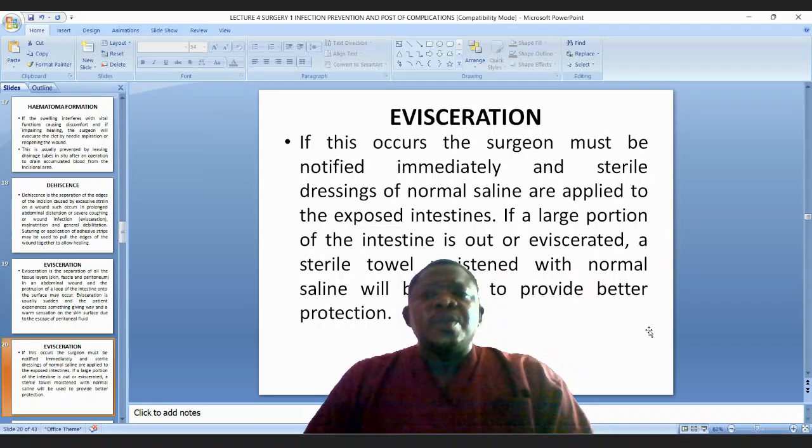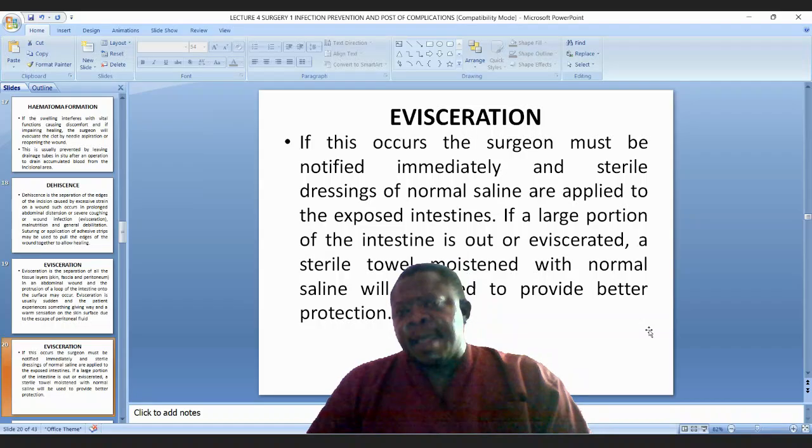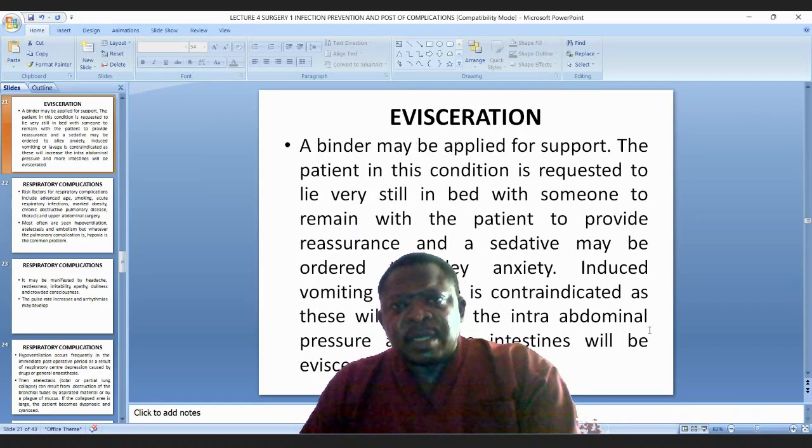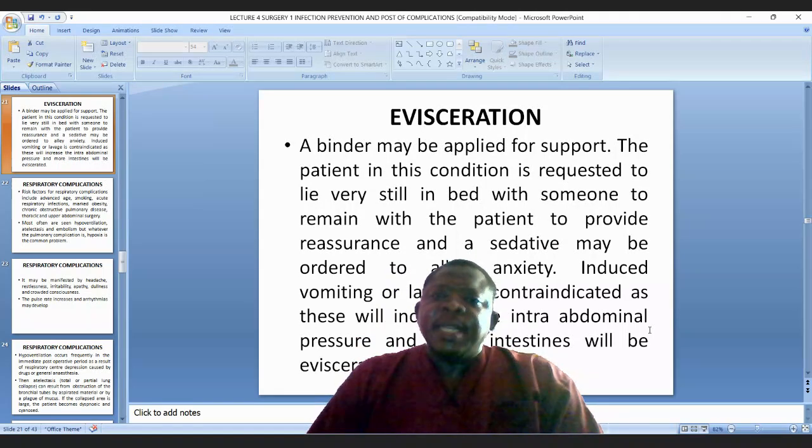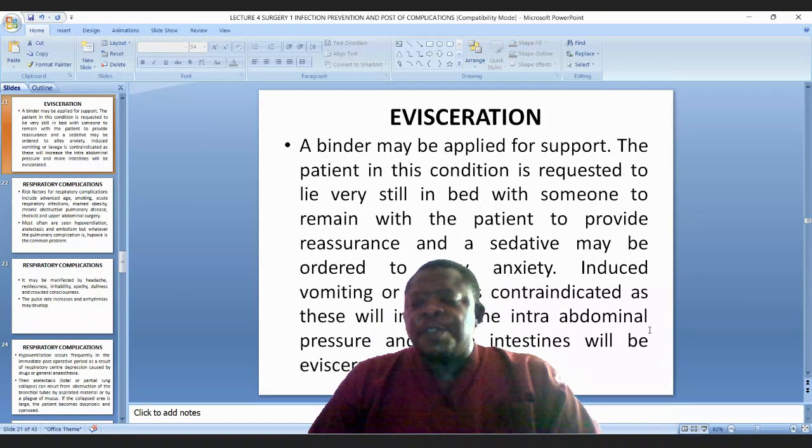What we want here is to prevent infection and to have good blood supply. A binder may be applied for support to prevent further coming out of abdominal organs.